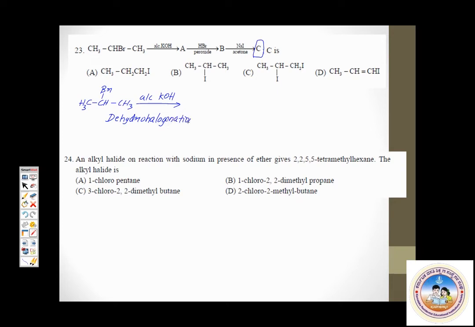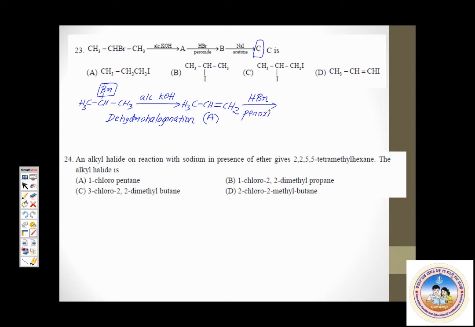So we know what A is. Now we'll see what is B. See, A is made to react with HBr in presence of peroxide. So you know, if you have both HBr and peroxide, the product will be anti-Markovnikov product. The product is opposite to what is predicted via Markovnikov's rule. In Markovnikov's addition, H, the positive part of the reagent, goes to carbon with more number of hydrogens.